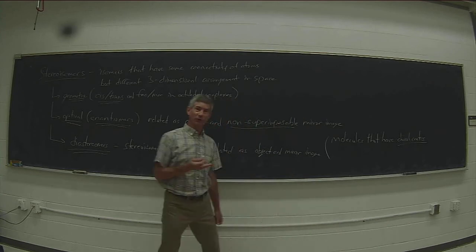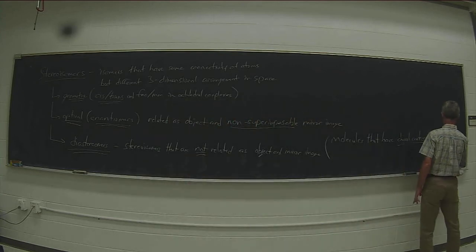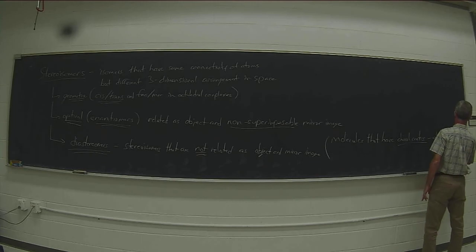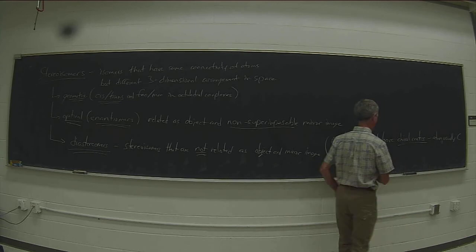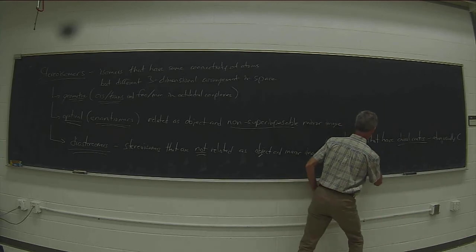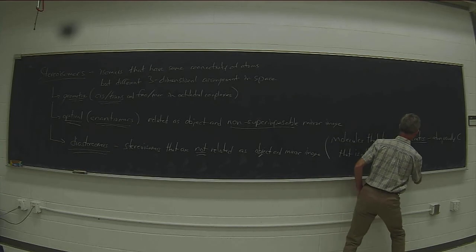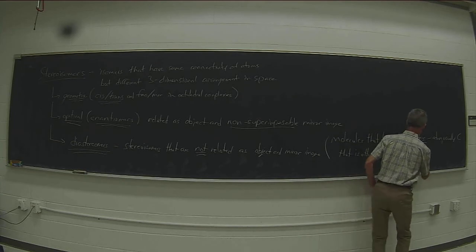Where a chiral center is an atom, usually carbon, but it could be nitrogen or phosphorus, that is attached to 4 different substituents.